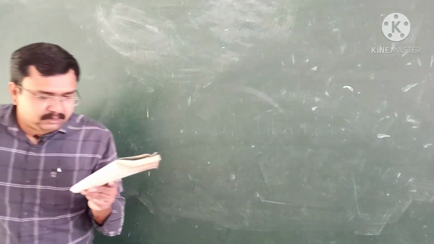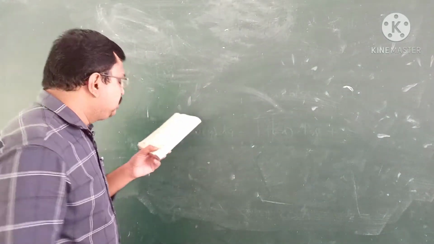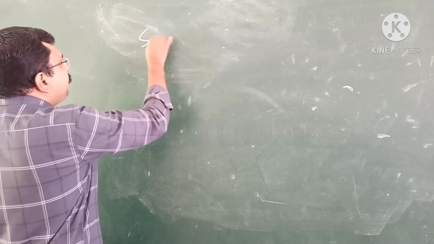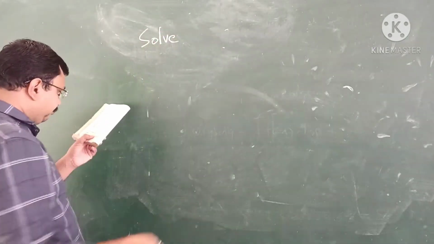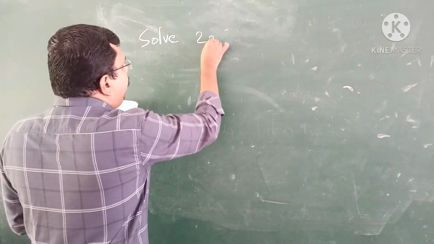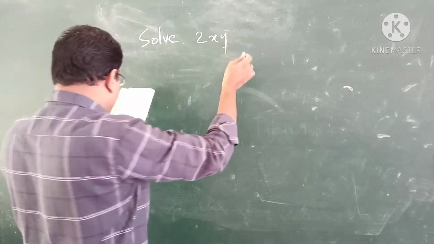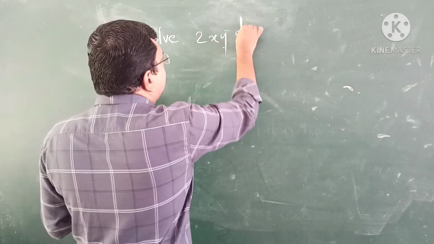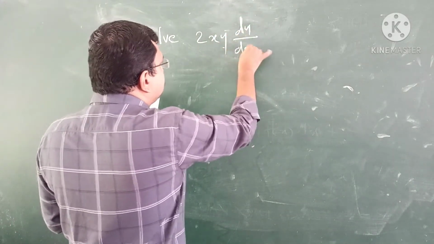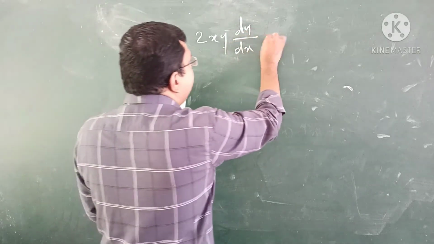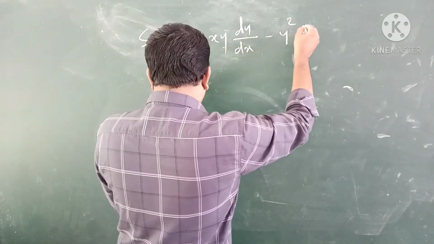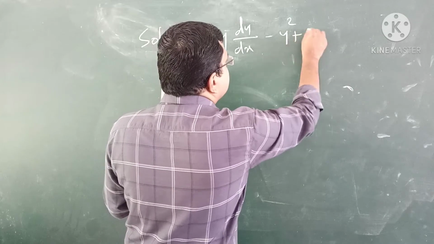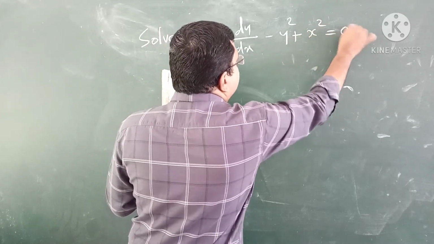Next is a question. Solve 2xy dy by dx minus y square plus x square equal to 0.